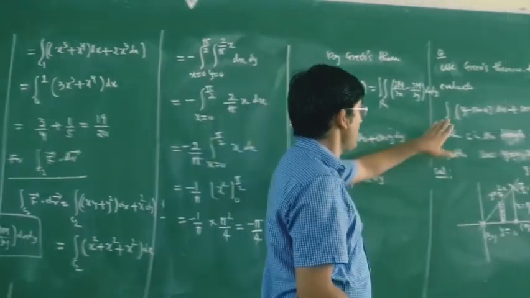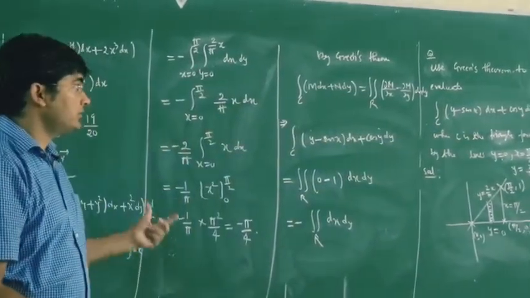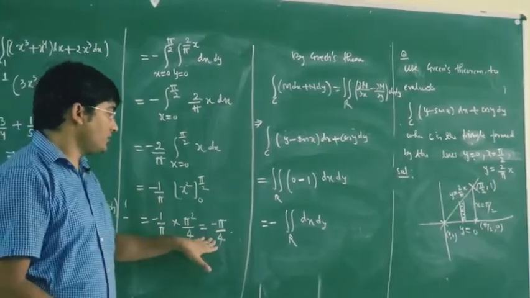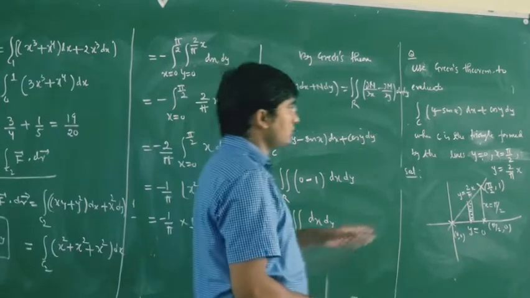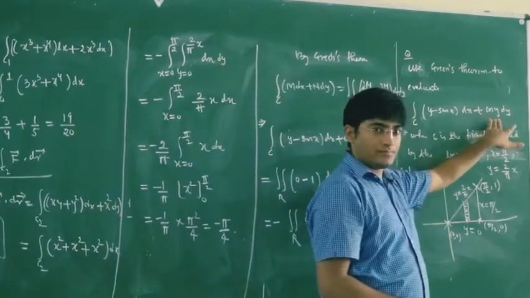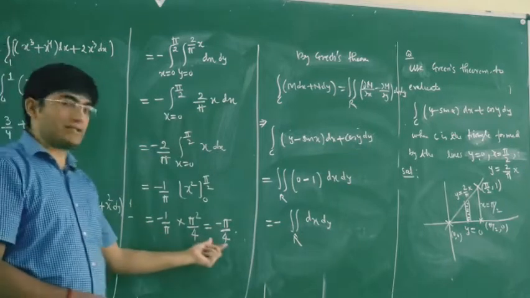So the value of this line integral with the help of our Green's theorem is equal to minus pi by 4. Although in my problem this was cos x, here I have written cos y. So for cos y, this is your correct answer.